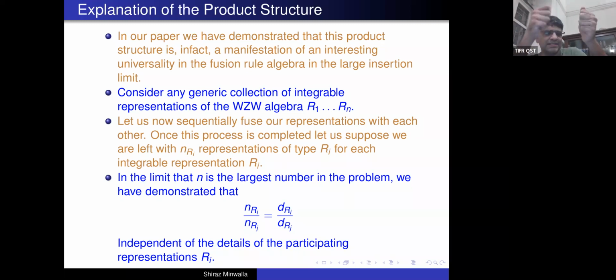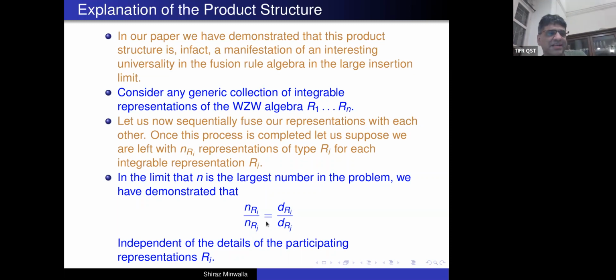Okay, you fuse particular characters, and you ask, you do the continued fusion of these representations, and now ask, in the final answer, how many representations of type R_i do I get?